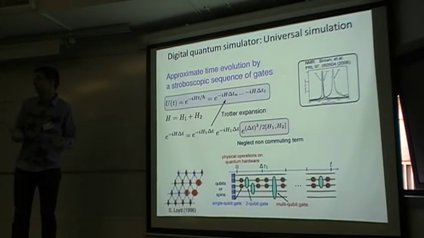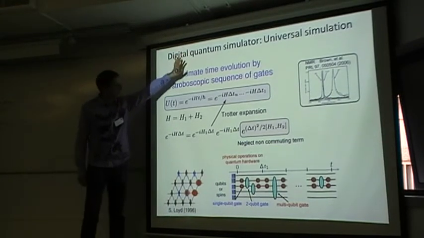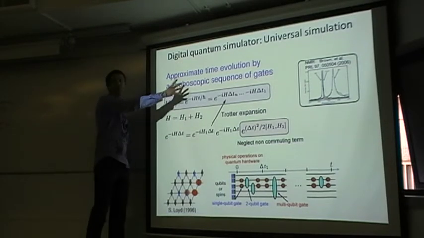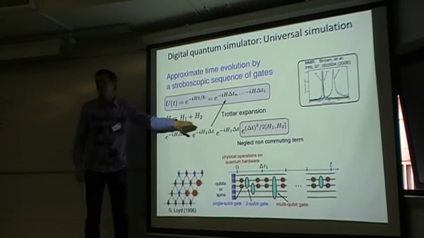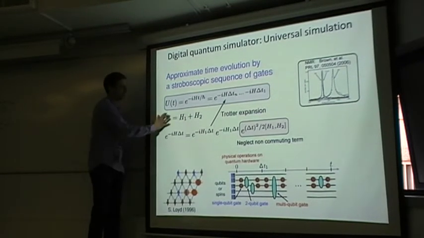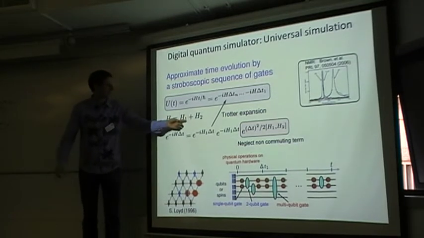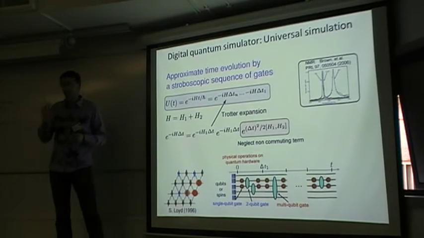With a digital quantum simulator you can actually do something a bit more general, because with your universal set of gates you can implement, for example, this Hamilton operator somehow, and you can do this Hamilton operator somehow. Of course the complete Hamilton operator, H, is H1 plus H2. Can you do that as well? Maybe not so easily. Okay.